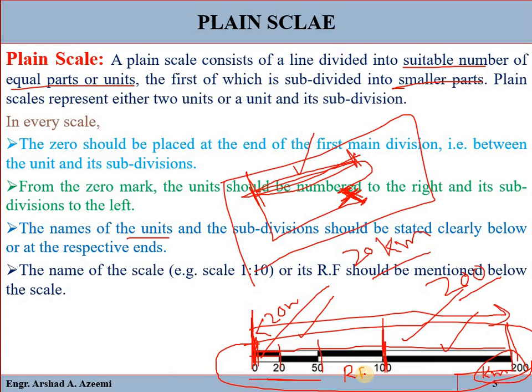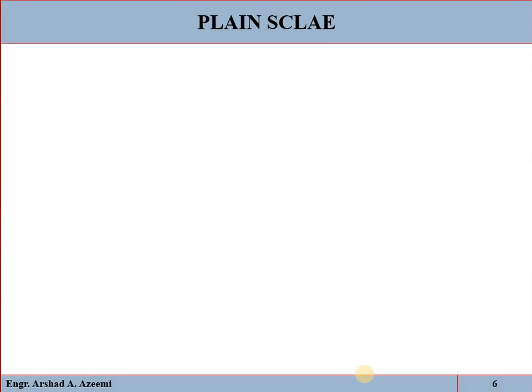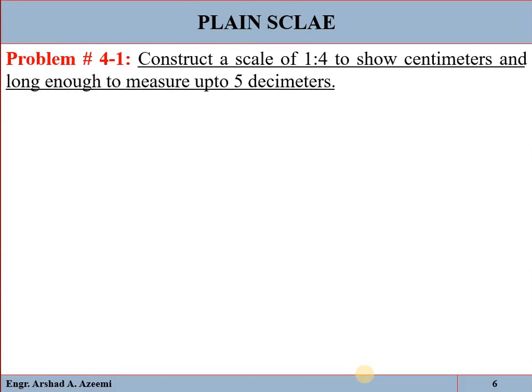That must be mentioned. Okay, now let's solve different examples from the book of Engineering Drawing by N.D. Bhatt, 53rd edition. The first problem is: construct a scale of 1:4 to show centimeter and long enough to measure up to 5 decimeter. At the start we discussed that the representative fraction will be given and the maximum length will be given.